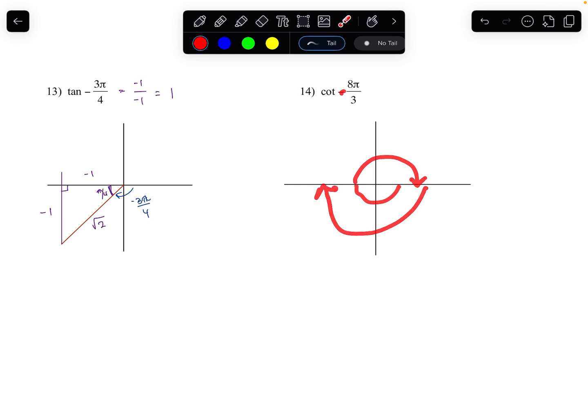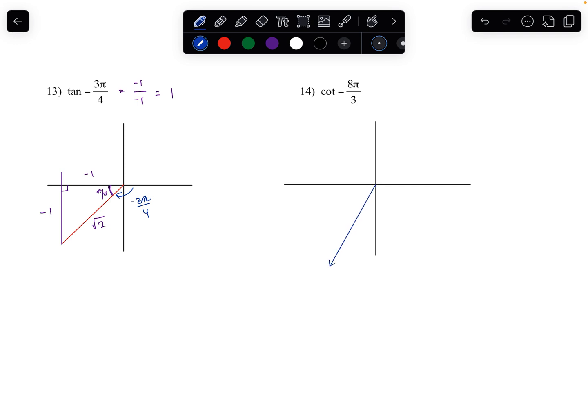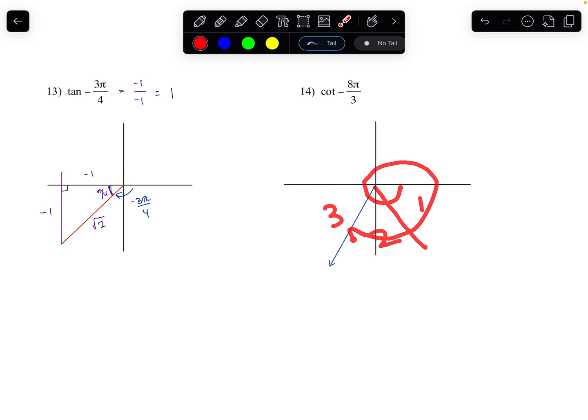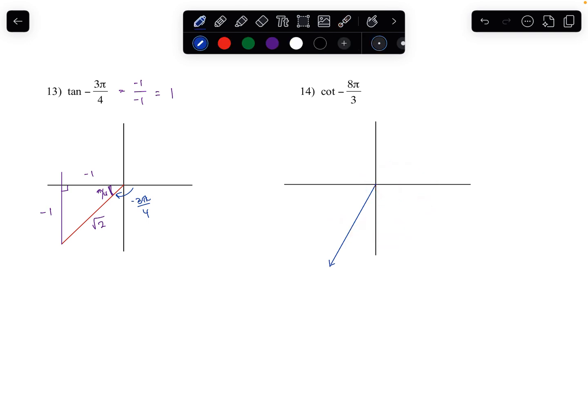So we don't need to go quite that far. But since we're split into thirds, I think that would put me right about here. I'm thinking about splitting this into 1, 2, and 3 parts. So 1, 2, 3, 4, 5, 6, 7, and 8 right there. That's where it would put me. So my reference angle is going to be 1 pi thirds.